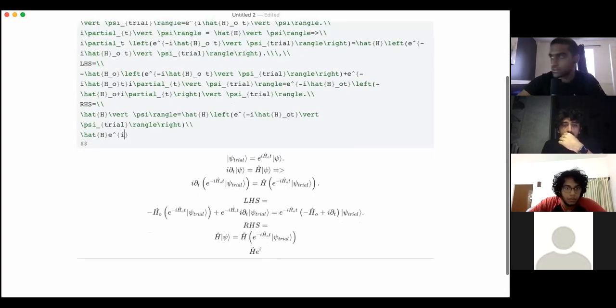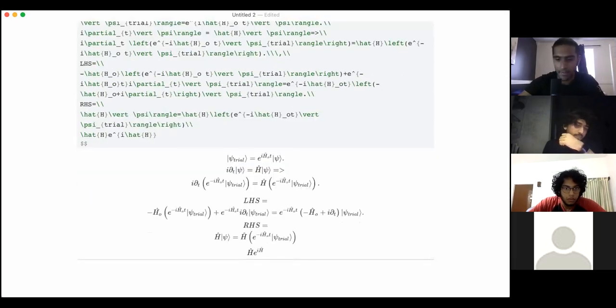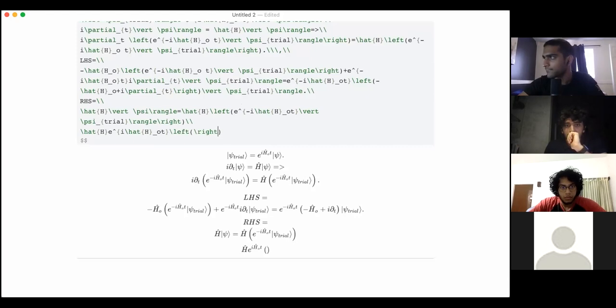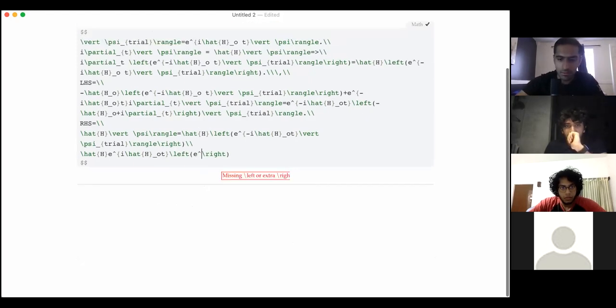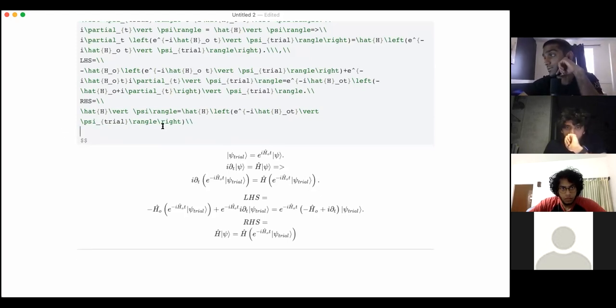It would look like e power i hat H t times e power minus hat. Well, no, that's not really going to help us. We're just going to end up back with the same thing. So maybe we do have to deal with this infinite commutator.